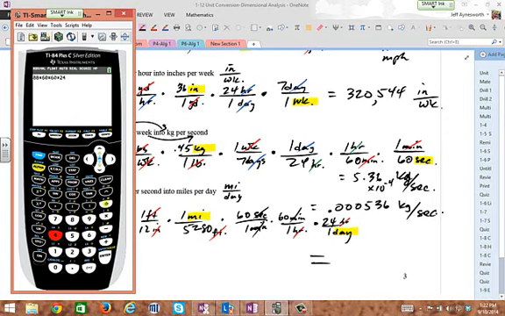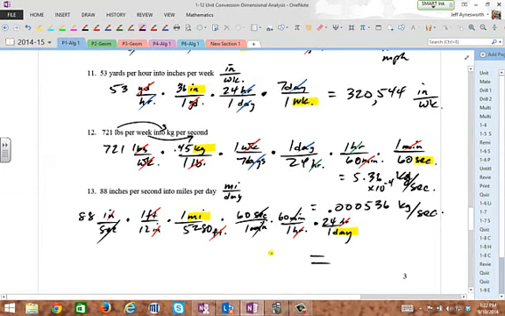So divided by 12, divided by 5,280 is 120. So this is 120 miles per day. So miles per day. And that's actually far. That's like from here to San Diego, guys. All right? 88 inches per second is 120 miles per day.